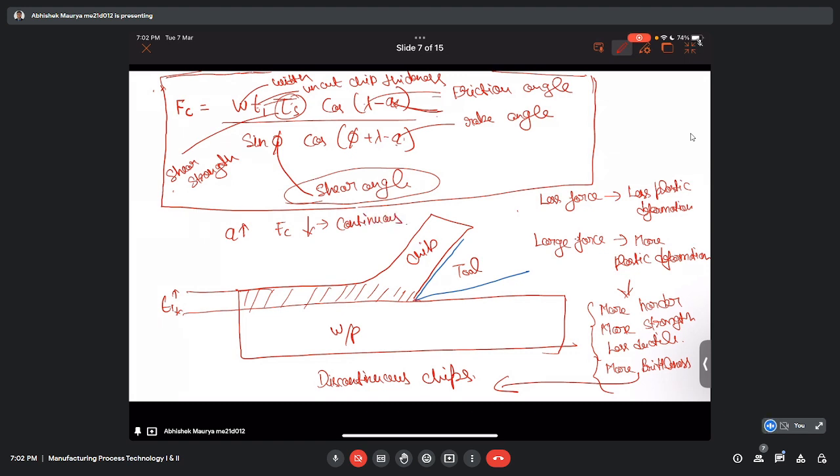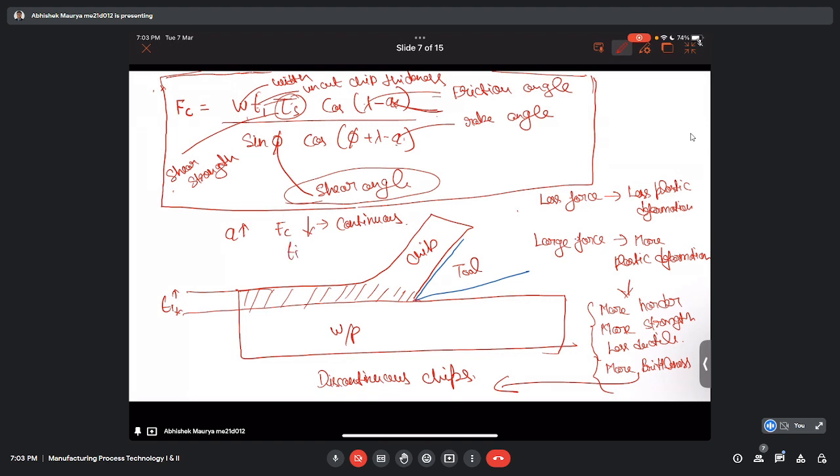And if we keep increasing the uncut chip thickness, definitely we have to give more force to deform the material, and we will deform the material plastically, and that may also change continuous chips to discontinuous chips.